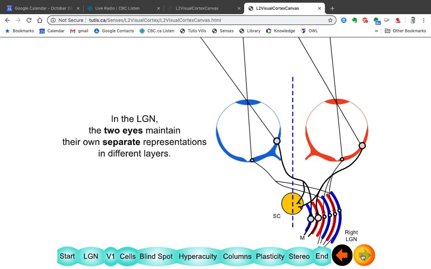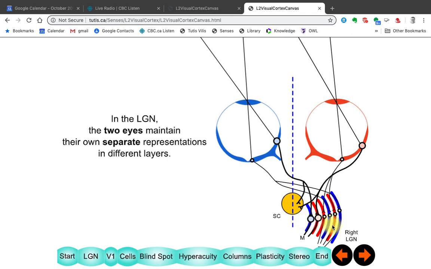So the right eye, indicated in red here, goes to these red-colored layers of the LGN, and the blue ones, the ones from the opposite eye, go to these layers of the LGN.